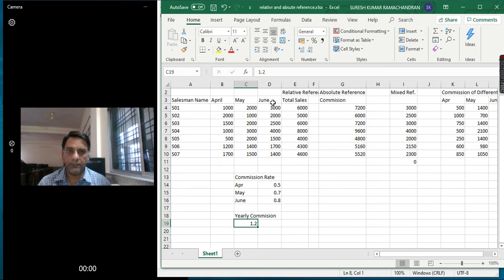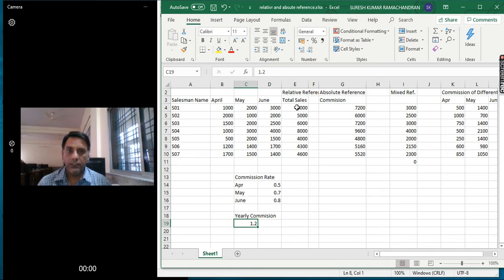Based upon this data, we are going to calculate the commissions with different rates, and these calculations take place with the help of these three references: relative, absolute, and mixed reference. There's a small difference between all these references.